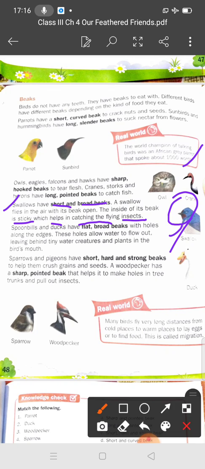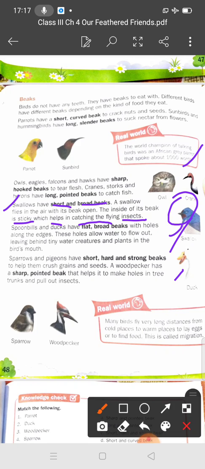Now students, spoonbills and ducks have flat broad beaks with holes along the edges. What is the function of these flat broad beaks with holes along the edges? These holes allow water to flow out, leaving behind any tiny water creatures and plants in the bird's mouth.